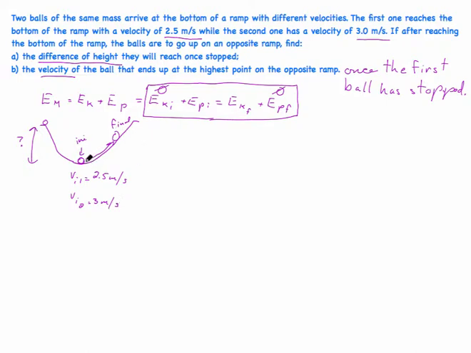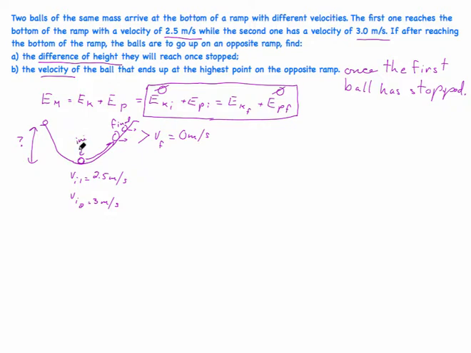Now, we can instinctively say that because they have different velocity at the bottom of the ramp, going up the ramp they will actually go up different heights, right? So one's going to go to this level, the other one's going to go to that level. But at both of these levels, their final velocity will be 0 meters per second. Okay? What else can we find out?